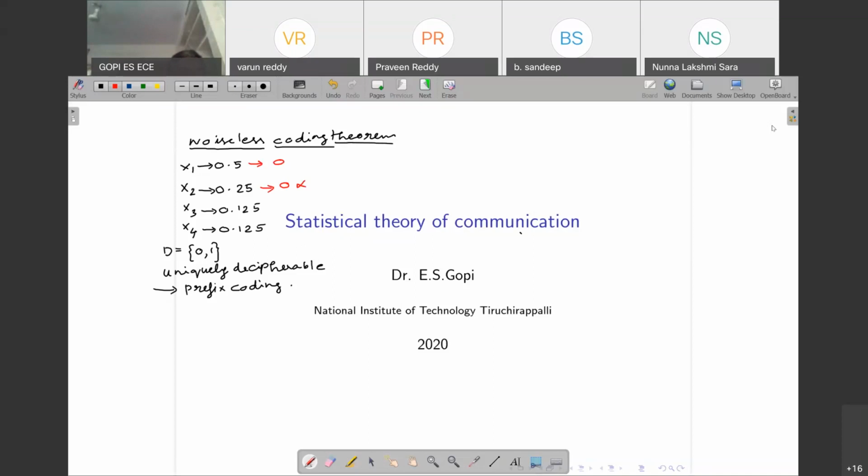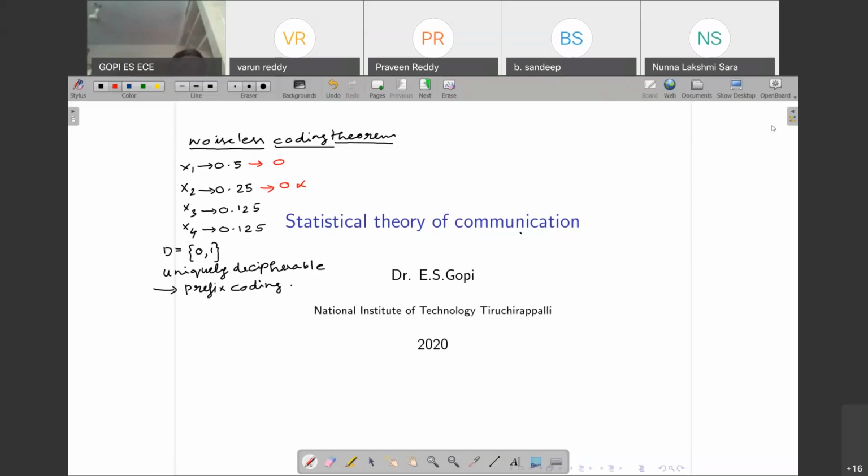The converse need not hold. What I'm trying to say is you can even have a uniquely decipherable code without being a prefix code, but the easiest way to get a decipherable code is to have what is called prefix coding.